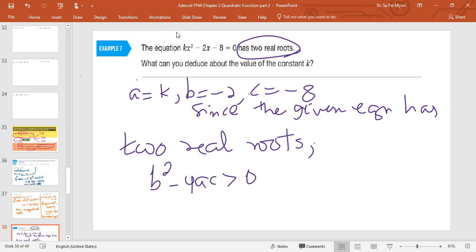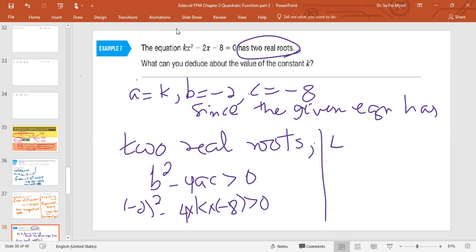And then you plug in. What do you get? b square is minus 2 square, minus 4, what is a? a is k. c is 8, greater than 0. Minus 2 square is 4, minus 4 times 8 is 32k, greater than 0.